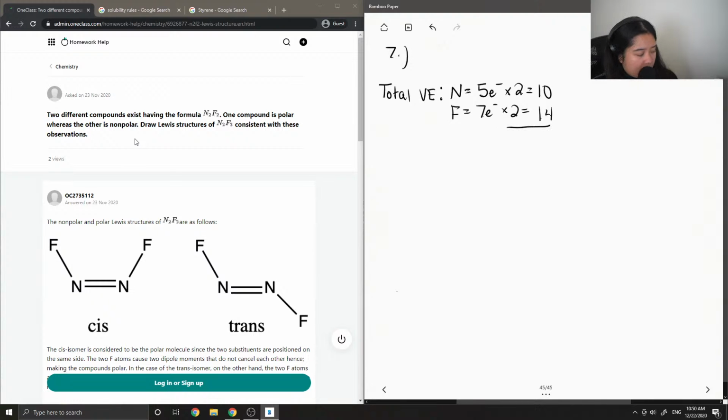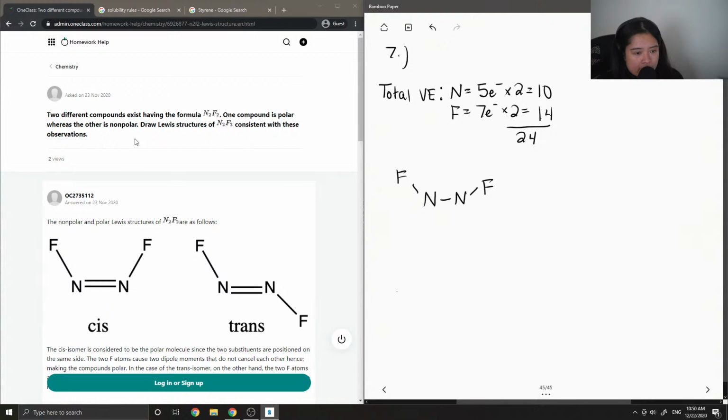And then if we add this together, we have a total of 24 valence electrons. So first, let's just write the 2 nitrogens. And I'll also show the fluorines on the same side.